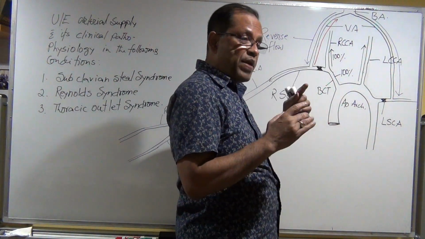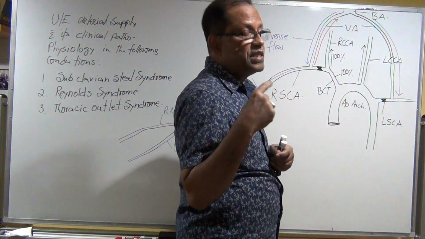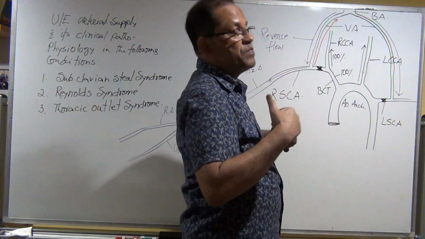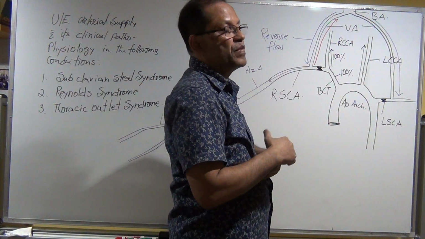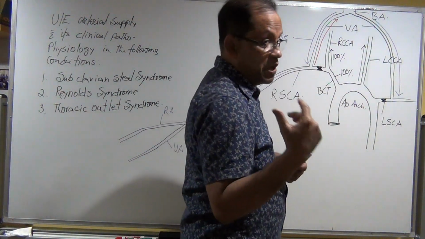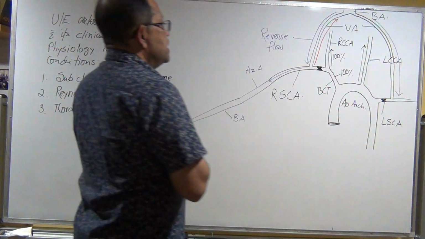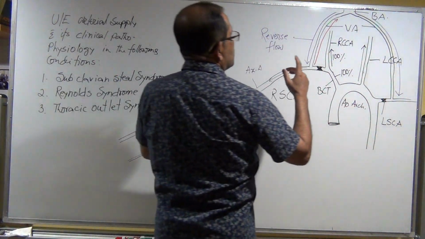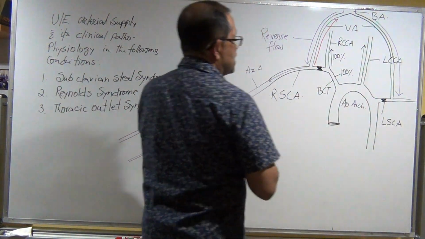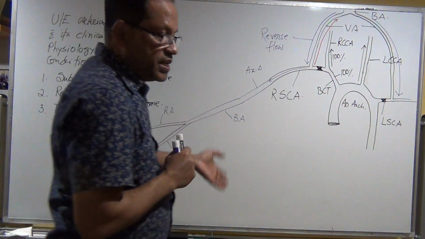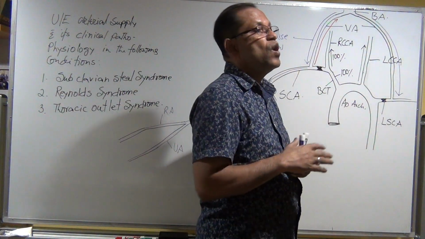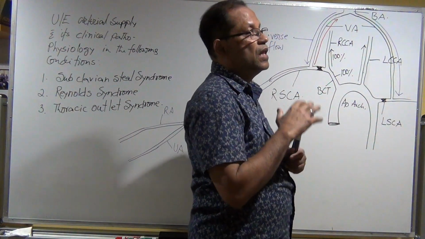Then when you compare with the color flow, you will see the common carotid is going red, but the vertebral artery is coming backward with the blue. So in that way you will understand there is a problem in the subclavian artery, that is, congenitally the patient may have complete occlusion or partial obstruction.